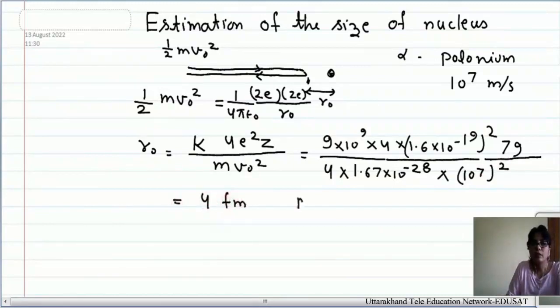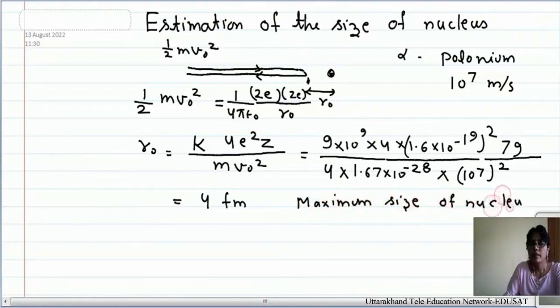So this is the maximum size of the nucleus. In reality, the size may be less than 4 Fermi, because we have assumed this much distance, whereas it is very hard for the alpha particle to go up to the nucleus.